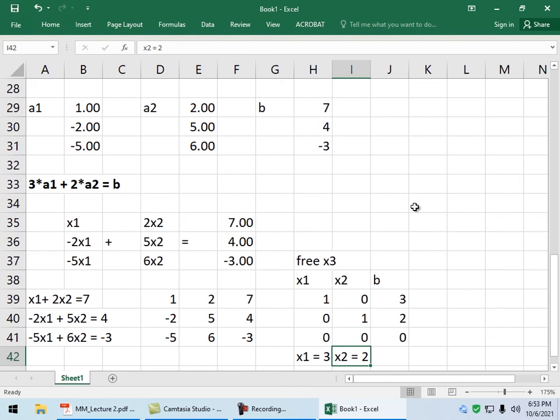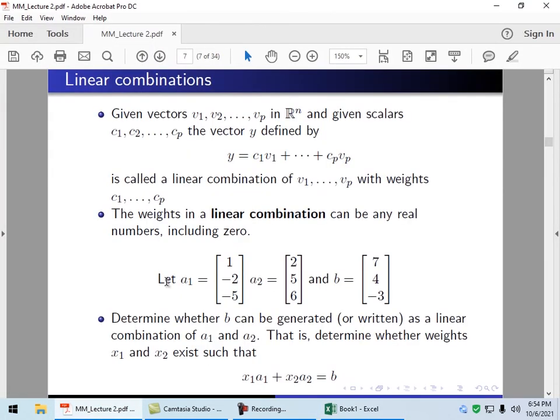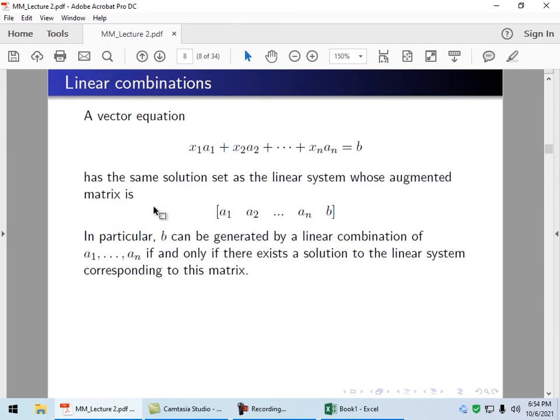As a follow-up to this example, we can write the rule. Obviously, we specified that x3 is free. Let's write this rule. A vector equation, which is in the form as we have just considered, has the same solution set as a linear system whose augmented matrix is in this form.